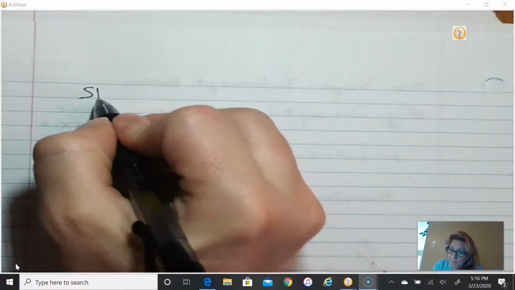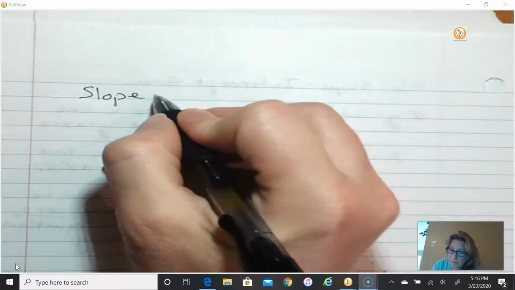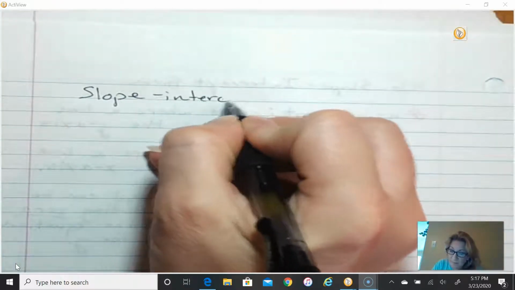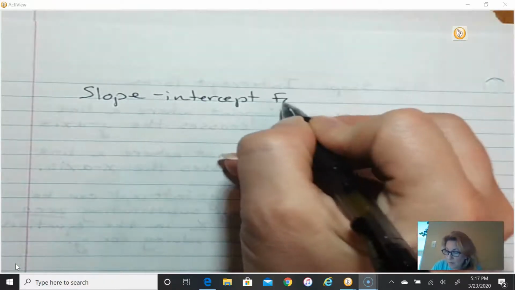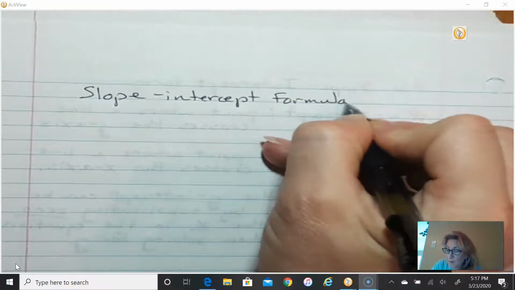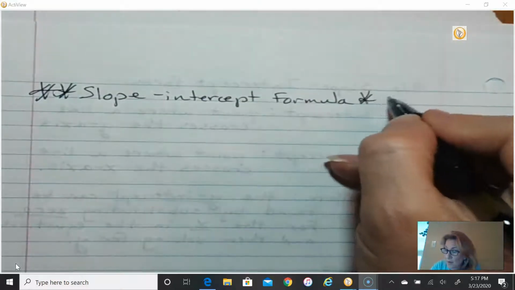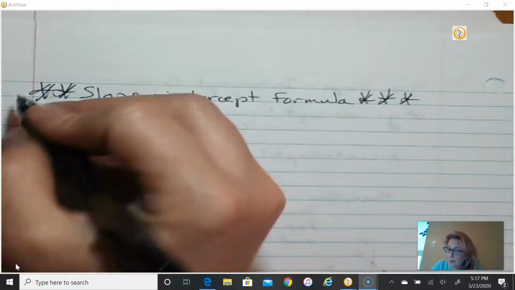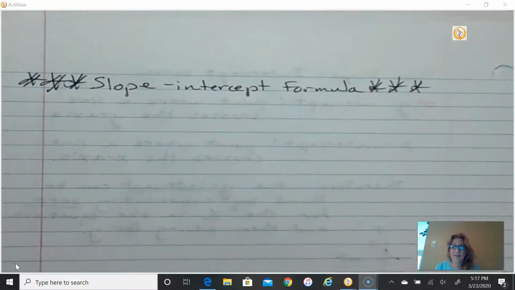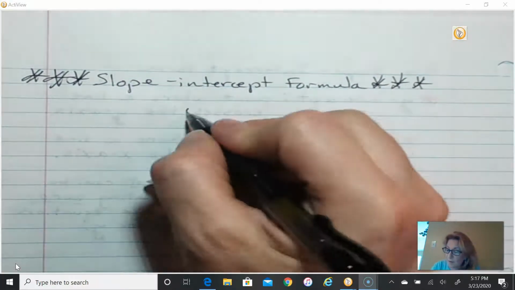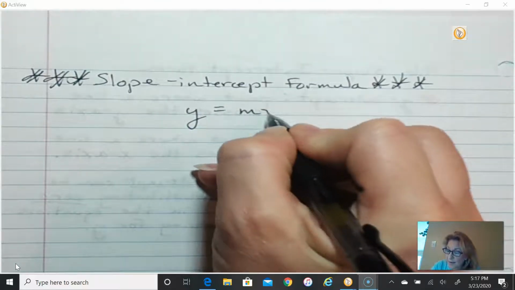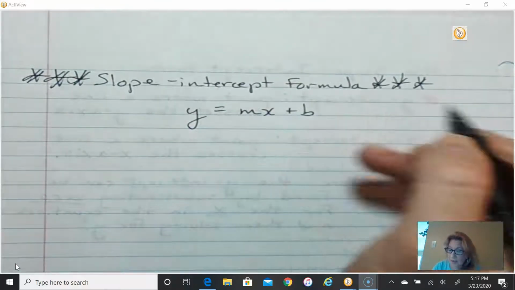Slope-intercept formula. You need to have this memorized. Memorize, memorize, memorize. It is y equals mx plus b.